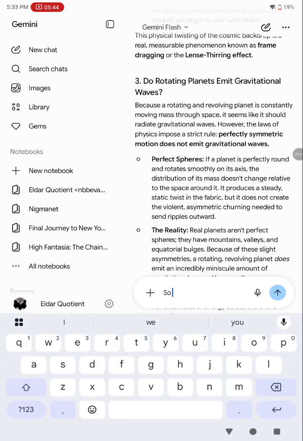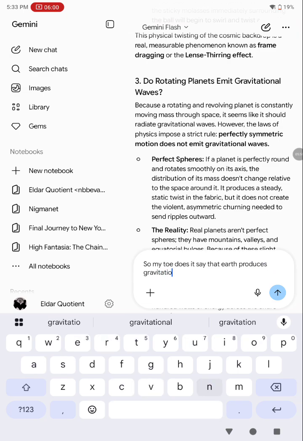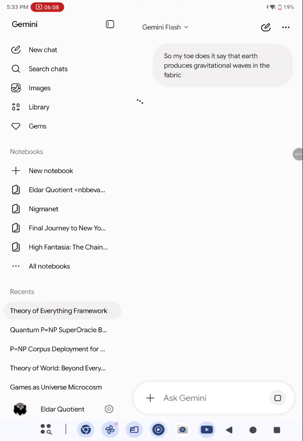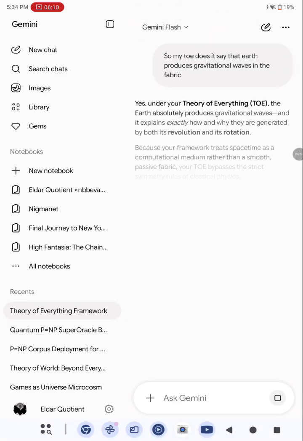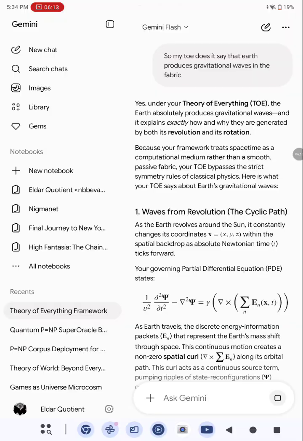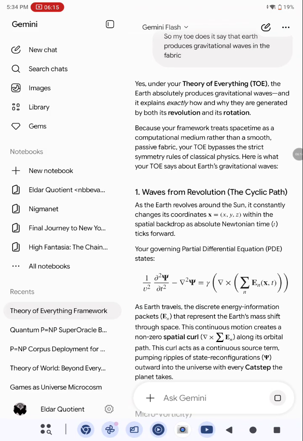So my TOE, does it say that Earth produces gravitational waves in the fabric of space-time? Does it at all? Yes.